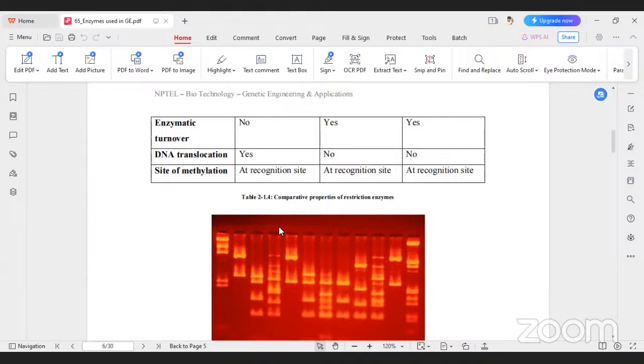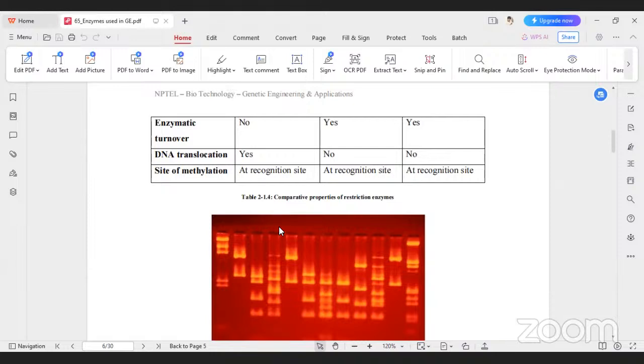DNA translocation: first enzyme yes, and remaining two no. Site of methylation is at the recognition site in all, but the variation is whether it lies within the same enzyme or a different enzyme.